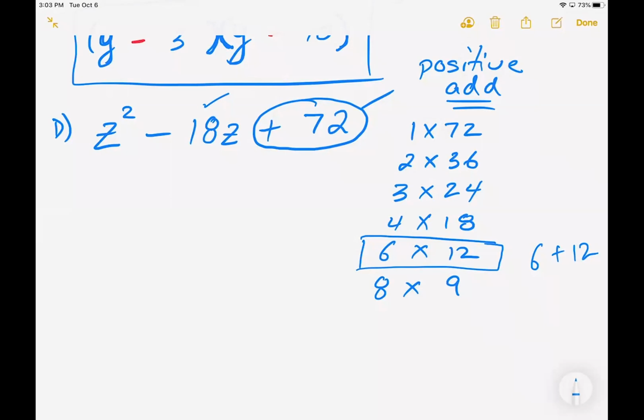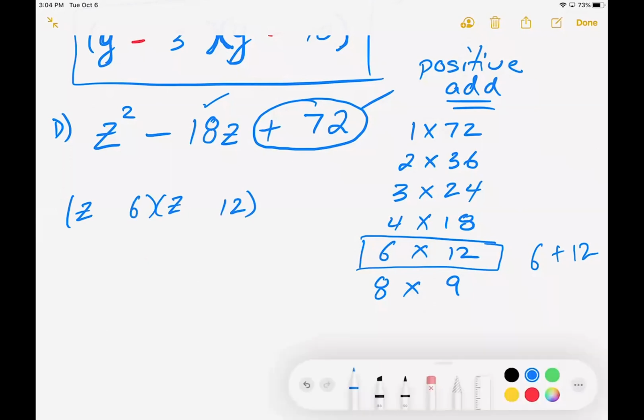Now, once you have this, all we're doing is we put the z in the first parenthesis and the z in the second parenthesis. Just put the 6 here and the 12, or if you want, you put the 12 first and the 6 second, that's fine. The only thing is we need to determine the sign. The sign is negative, so both of them will be negative.